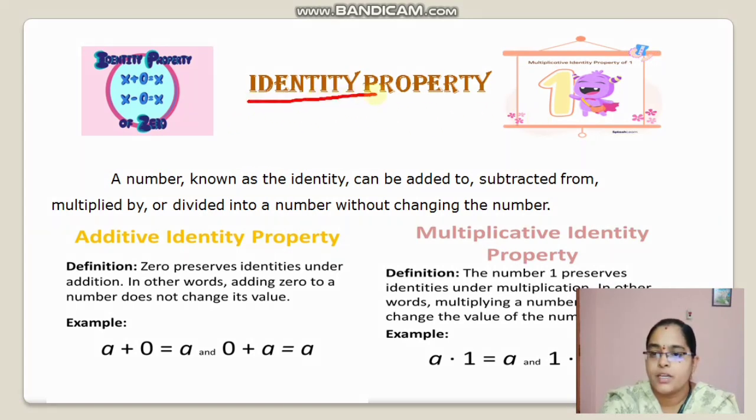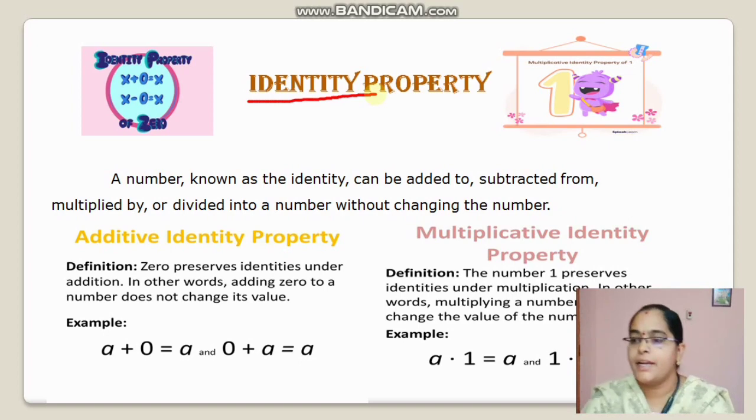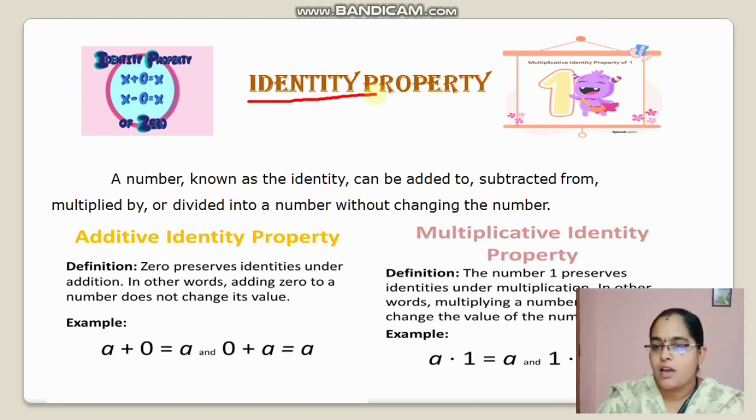In this property also, the name itself is identity. Each of us has an identity, like that the numbers also have an identity. That means the number won't be changed after the operation. If we perform an addition operation on a number, the result won't be changed; the same number should come as a result.